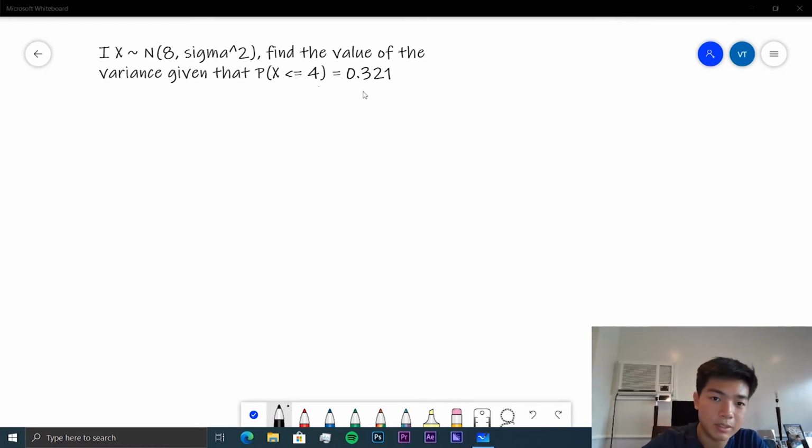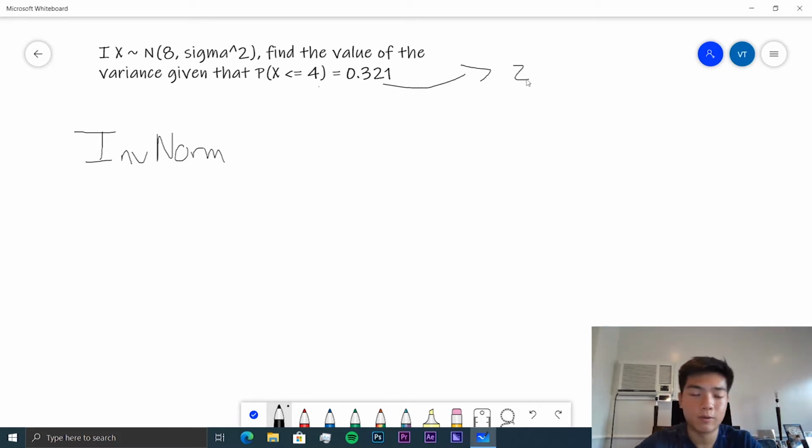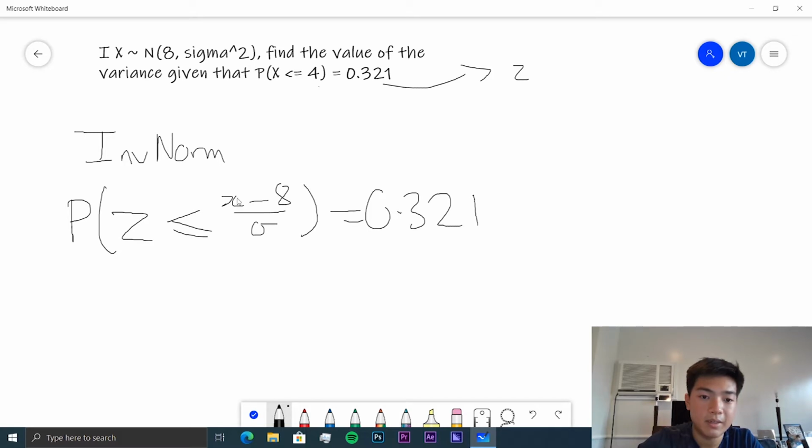Anyways, to solve this problem, we're given that the probability that x is less than 4 is 0.321. So we have the inverse normal, because we have to pass this probability back through the normal equation to get a value for the small z, because what we're saying here is that the probability of z is less than or equal to 4 minus the mean, 8, over the standard deviation is equal to 0.321.